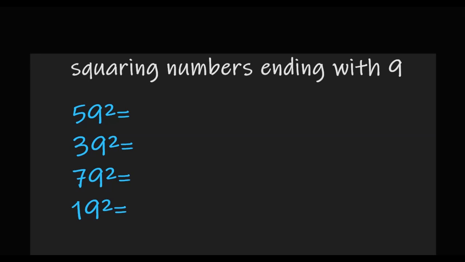So let's say, for instance, we have 59 squared. What we're going to do is promote 59 to 60. So we're going to say, what is 60 squared? Since we know what 6 squared is, that makes the work easier. But in this case, we're also going to subtract 60 plus 59.